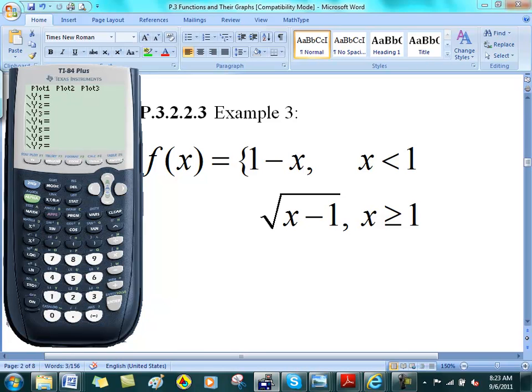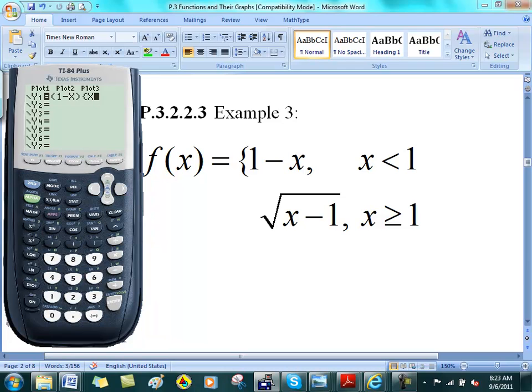Actually put parentheses around, okay? And then you're going to use curly braces, which is second parenthesis. And you want x to be less than 1, so it's going to be x.